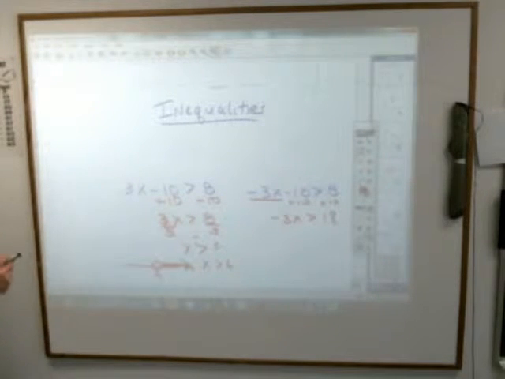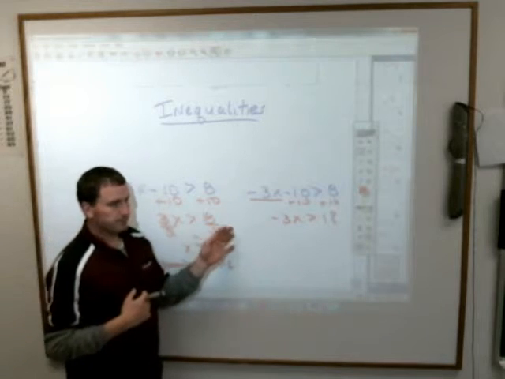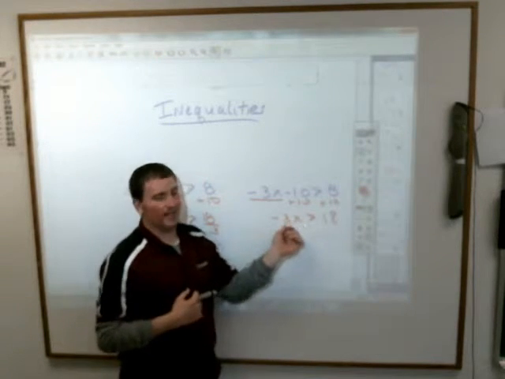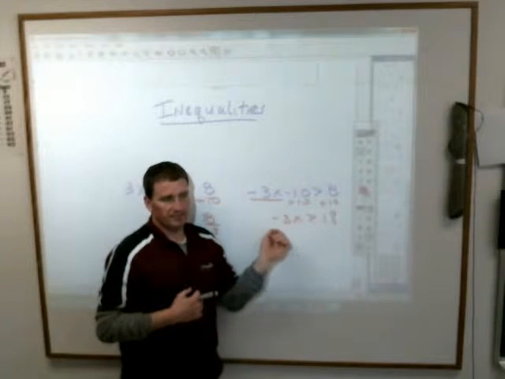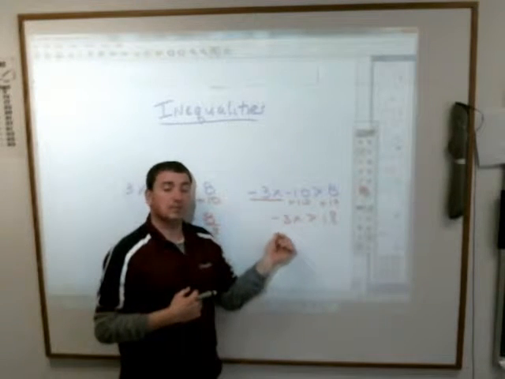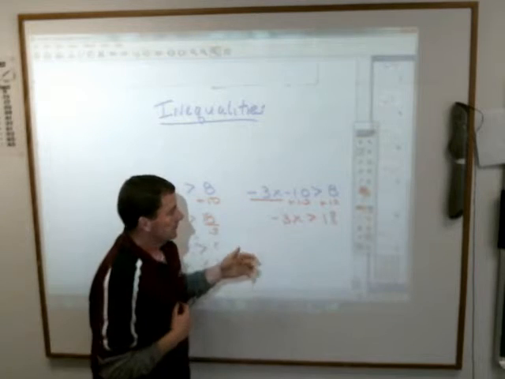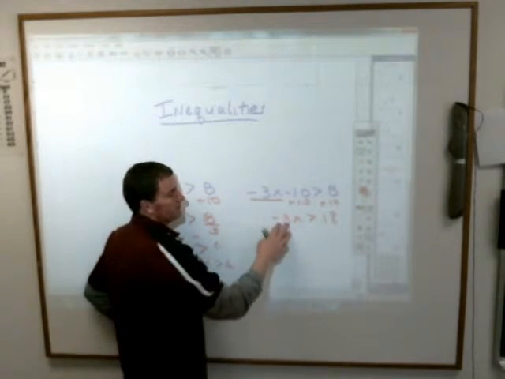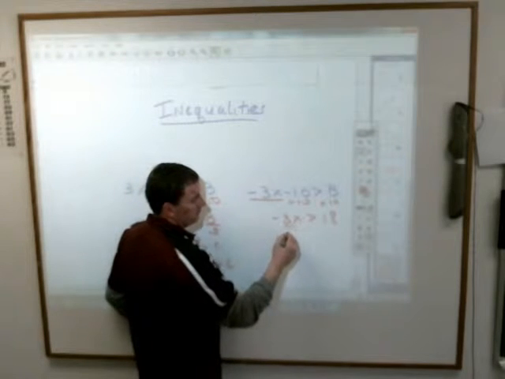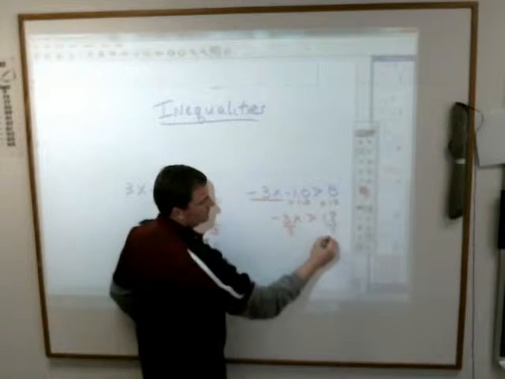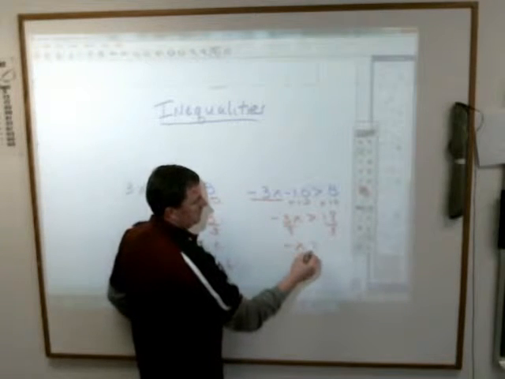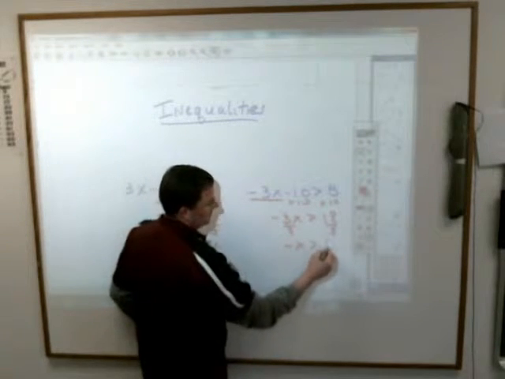That's where things go different on this one here. You are never ever allowed to have the x term be negative. So I need to make that positive. Let's think about this. If I divide by 3, and I divide by 3, I end up with my negative x being greater than 6, right?